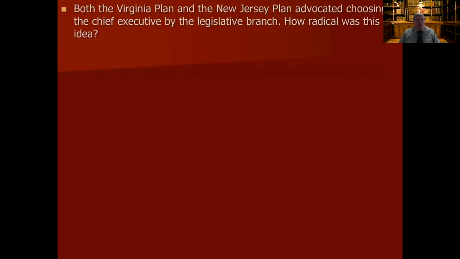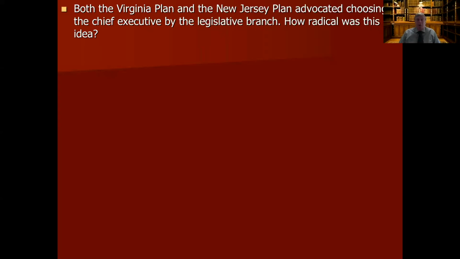Both at the Constitutional Convention, both the Virginia plan and the New Jersey plan advocated choosing the chief executive by the legislative branch. In other words, the Congress would choose the president. How radical was this idea? Well, not very radical at all, as a matter of fact. It seems foreign to us living in our current republic, but it was not foreign at the time, and it's not foreign today.